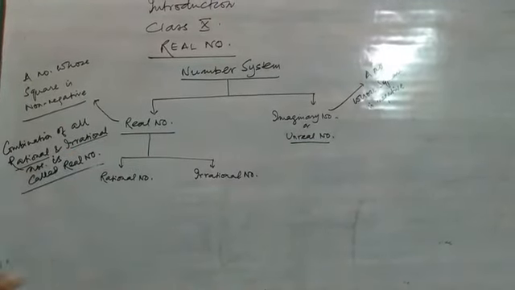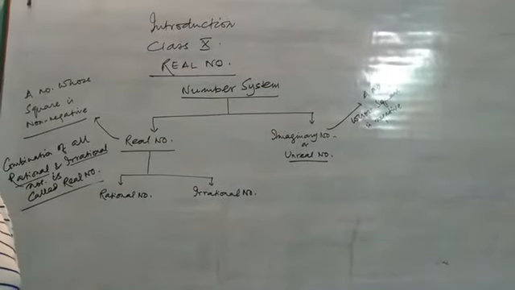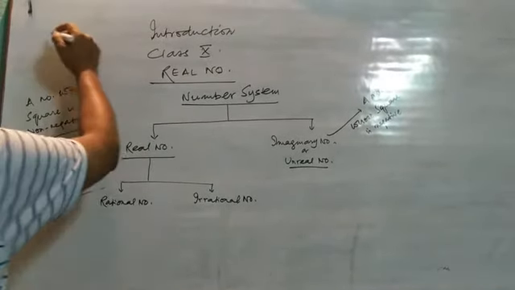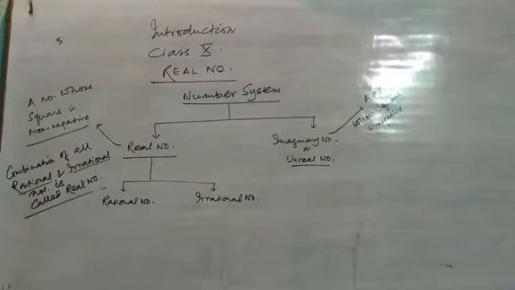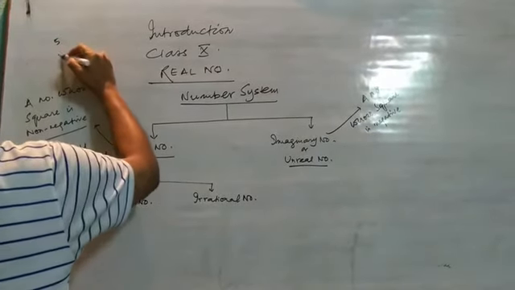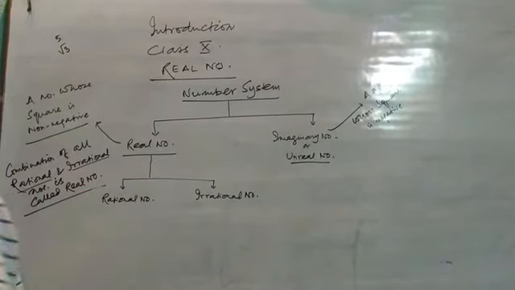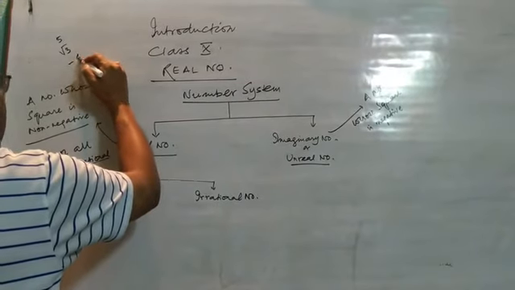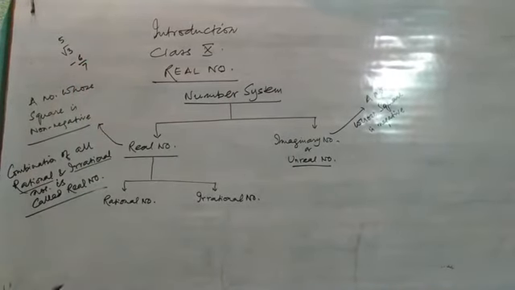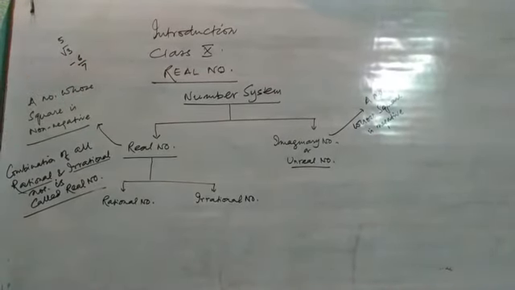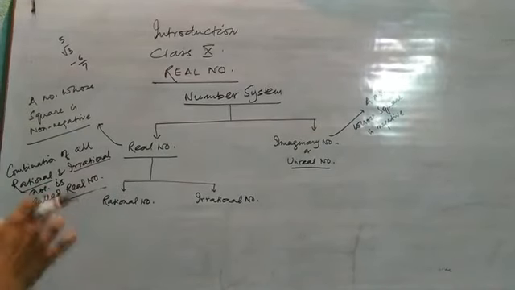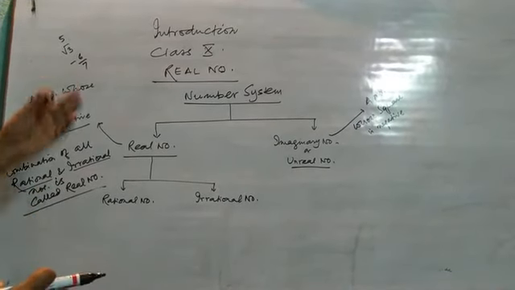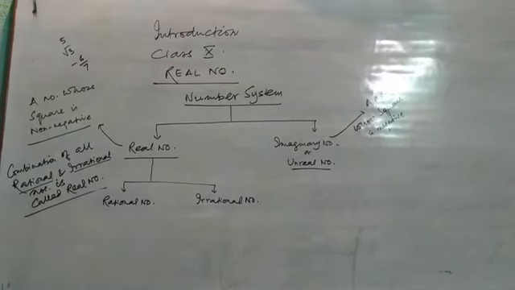Now here the thing is, a number whose square is non-negative. Take any number, imagine any number that is coming to your mind, say 5, root 3, minus 6 by 7. Three numbers we are taking. We have to check whether the given numbers are real or not.